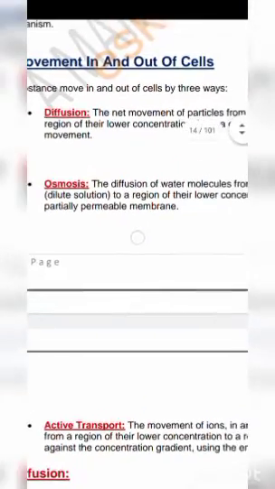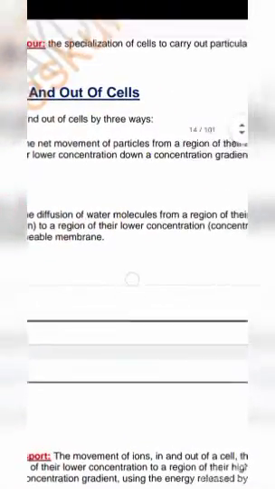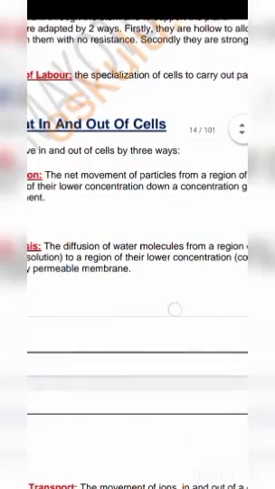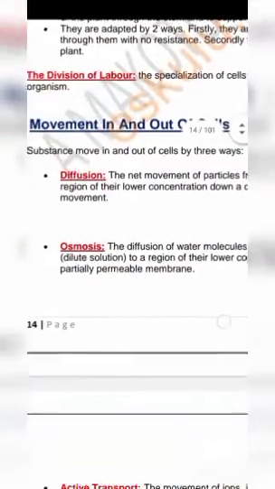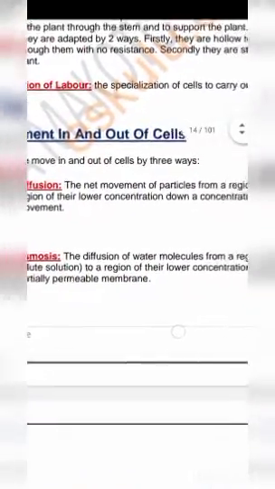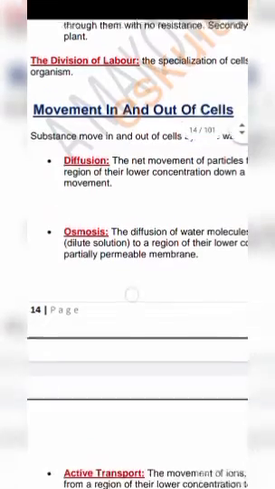Diffusion is the net movement of particles from a region of higher concentration to a region of lower concentration, down a concentration gradient, as a result of random movement.